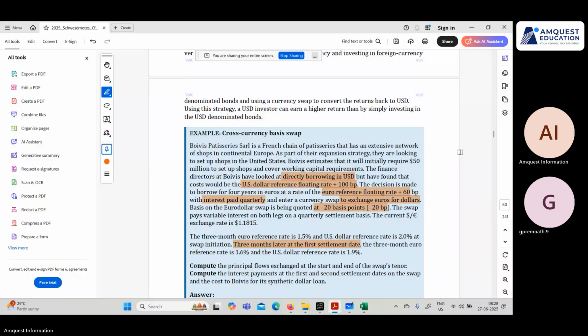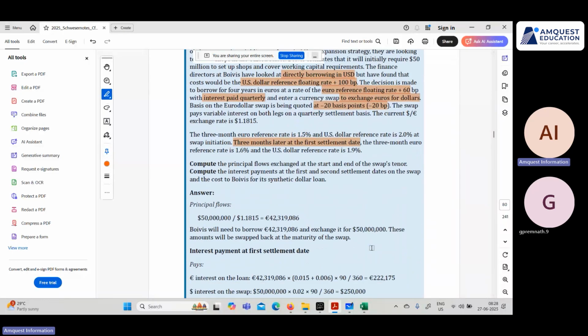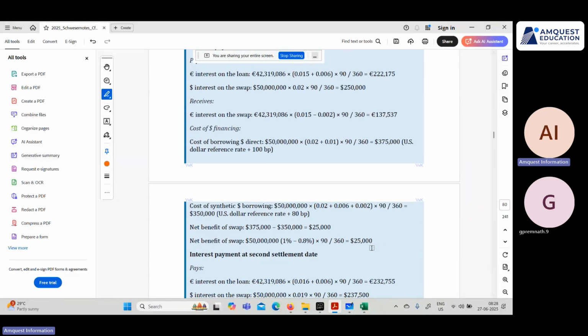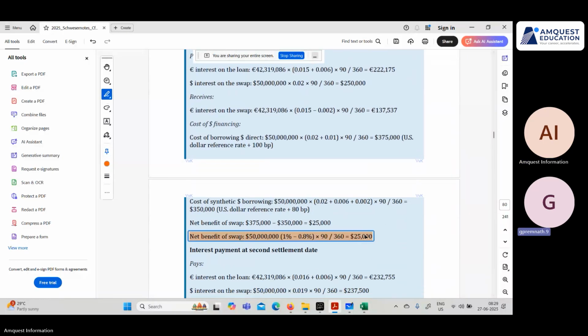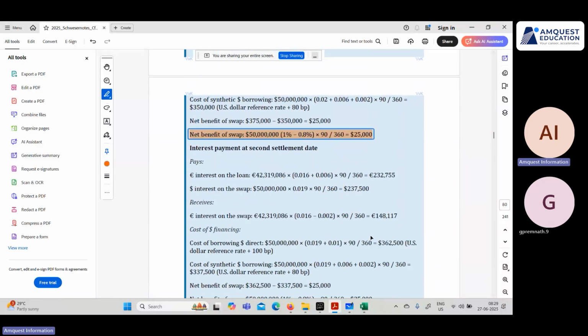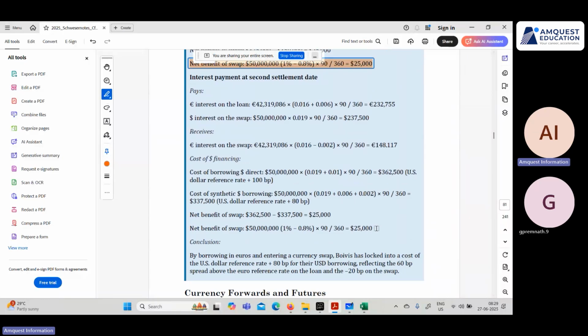Yeah. So you realize that whether the interest rates were 1.5 and 2 versus 1.6 and 1.9, the savings would still be $25,000. And in the second case, again it is $25,000.